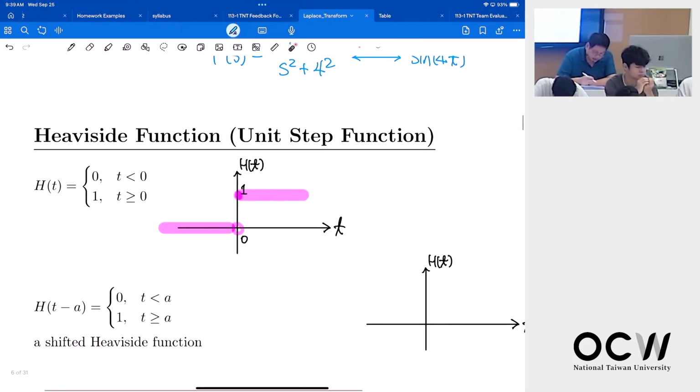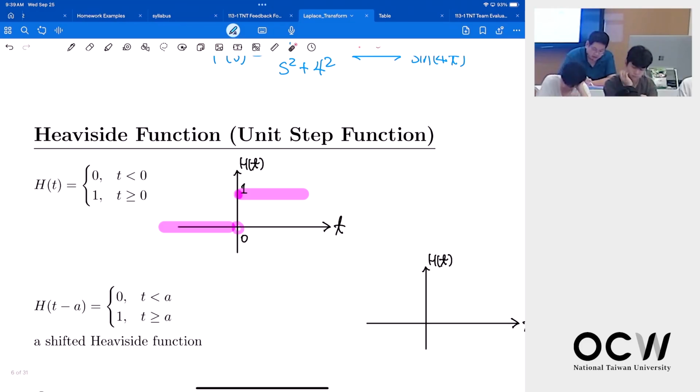And the next one is a shifted Heaviside function. I shift it by a. Sometimes I don't want to get 1 when t is greater than or equal to 0. I want to turn on the signal or turn on the light at a unit delay.